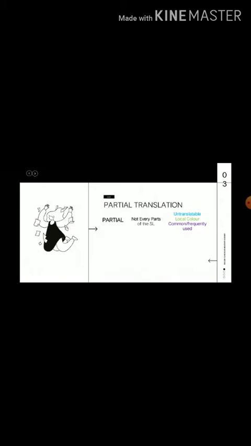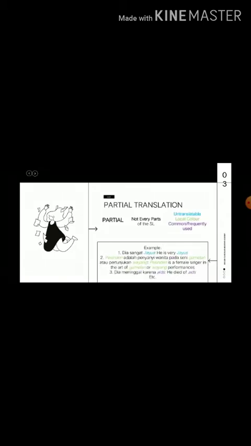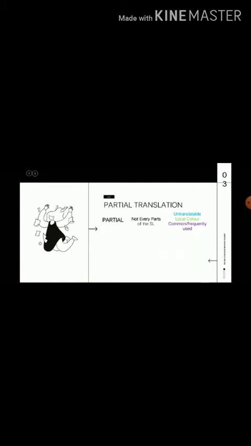Jayus is when someone makes a joke and it doesn't sound funny. There is no word like jayus in the English language, for example. So we translate it as jayus. 'Dia sangat jayus' is 'he is very jayus'.